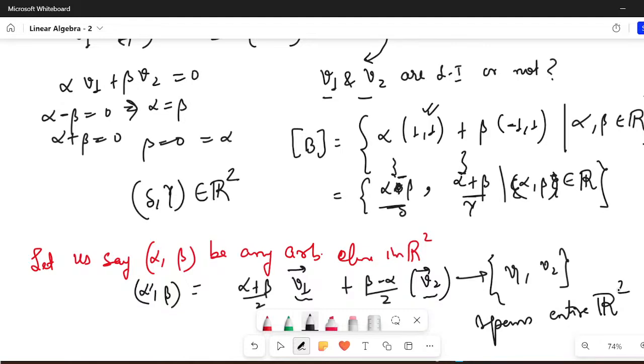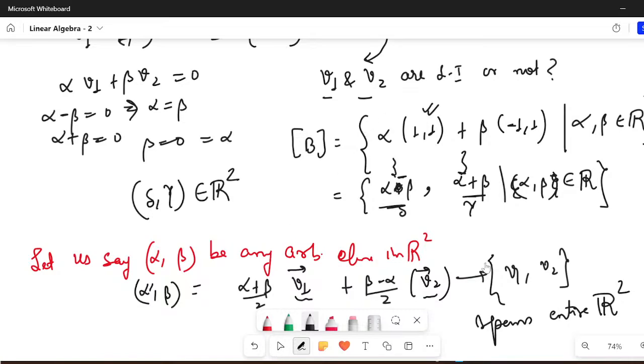So this is called a basis. So v1 and v2 are forming a basis of R square. Initially I referred to 1 comma 0 and 0 comma 1, which form the basis; those are called the standard basis.